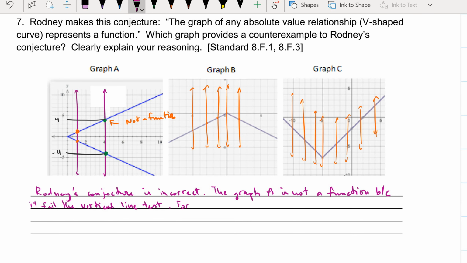For example, x equals 4 has two corresponding y values, which are 4 and -4.